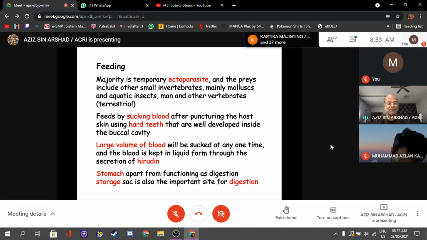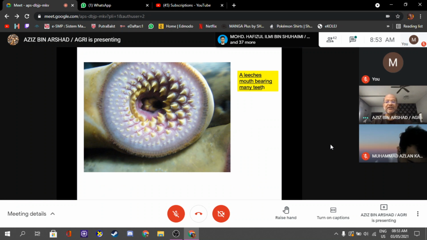That's why some of these leeches are extracted for this hirudin, and it goes into the pharmacological purpose. The stomach, apart from functioning in digestion, is also for storage, and digestion is very slow. This is the teeth that you see in the front part of the mouth of the leech.